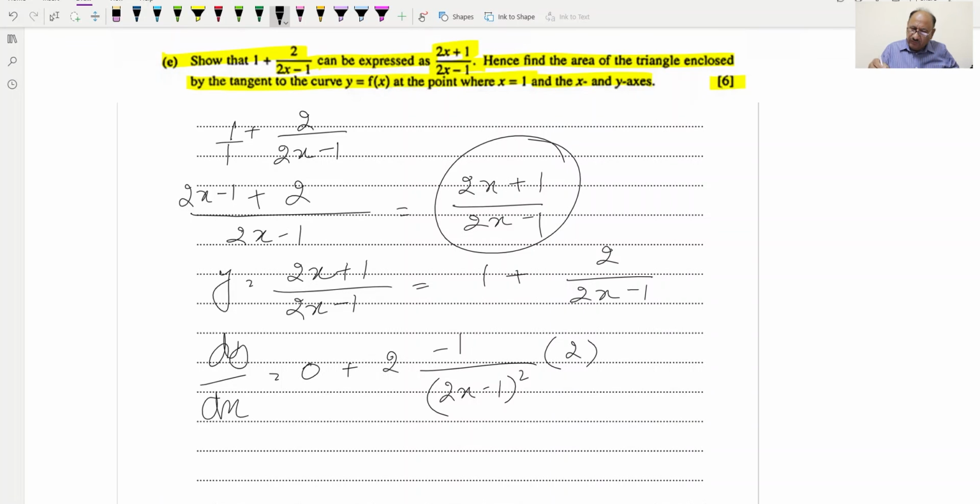into derivative. If you take derivative of this separately, for example you can rewrite it as 2x minus 1 raised to minus 1, then you can take derivative minus 1 and it would be 2x minus 1 raised to minus 2 into 2, and you can further rewrite it as this one. So I have explained how I got this derivative also.